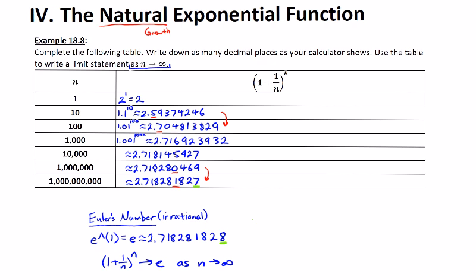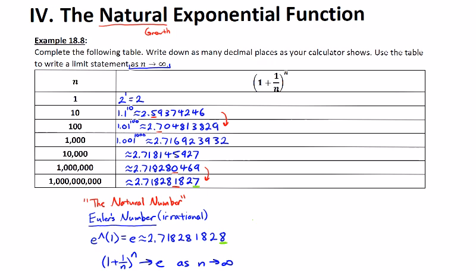Now, what throws a lot of students off is what we call this thing. Euler's number is an irrational number, but it is called, I'm going to put it in quotes, the natural number. Although it is not actually a natural number, it is called the natural number.